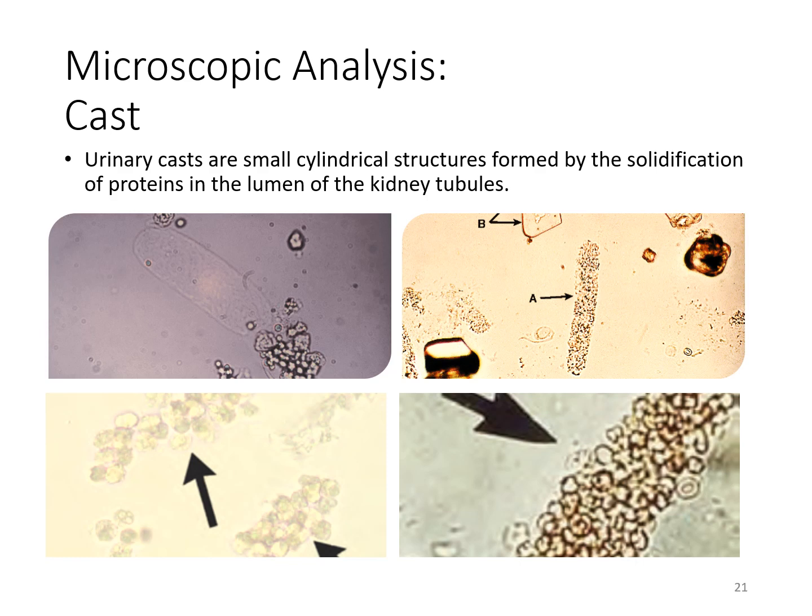Casts are cylinder-type structures that form by the solidification of protein in the lumen of the kidney tubules. Seeing a hyaline one, which is in the upper left-hand corner, it's not abnormal to see an occasional one of those, and you can see how they look like little tubes.